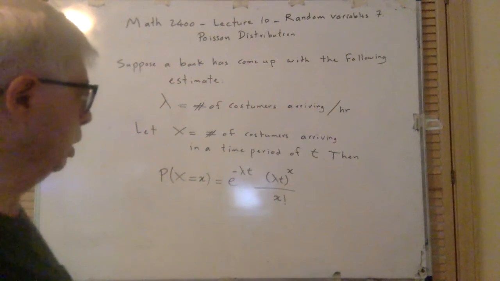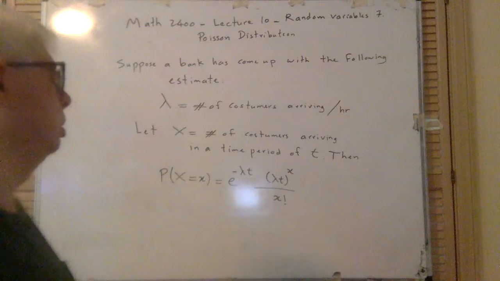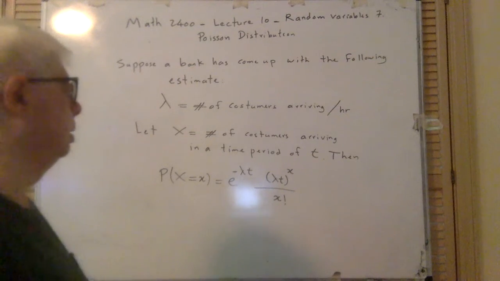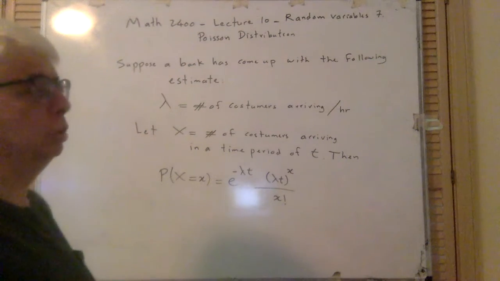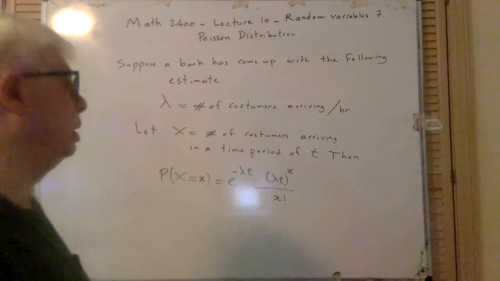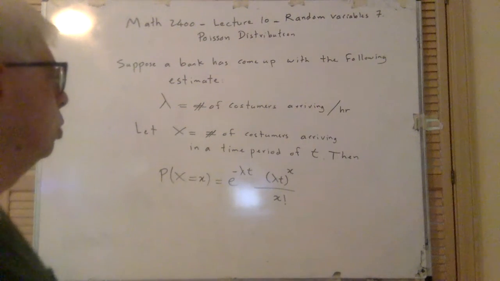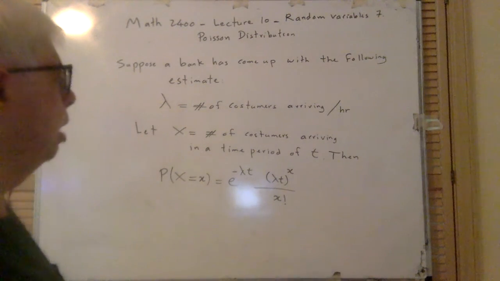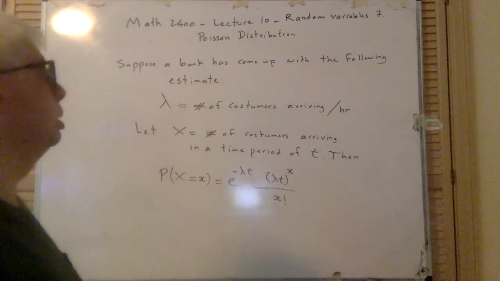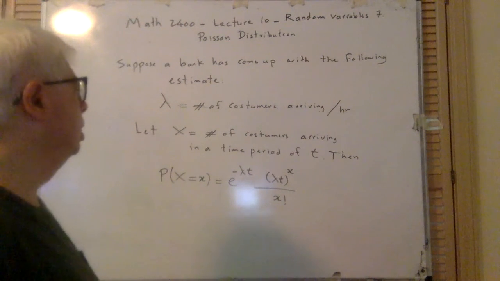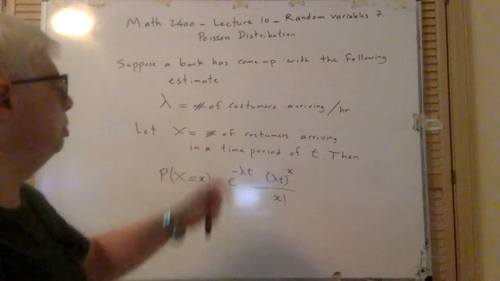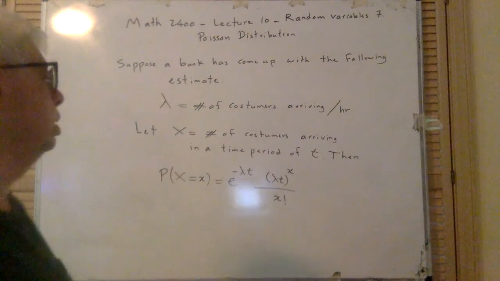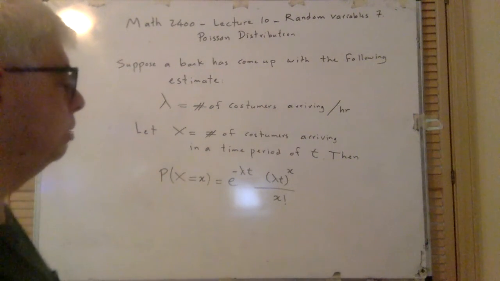Then, in order to do some planning, maybe on how many people should work in the bank at certain hours or certain days of the week, for example, we let X be the number of customers arriving in a time period of T.